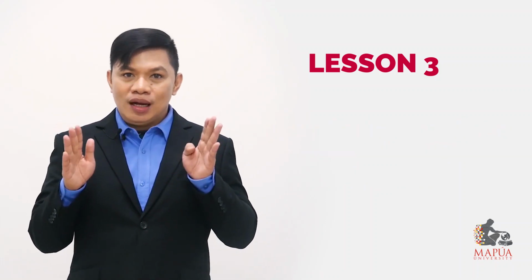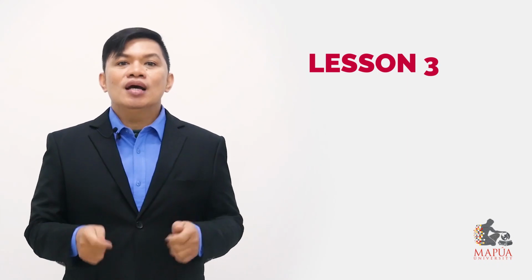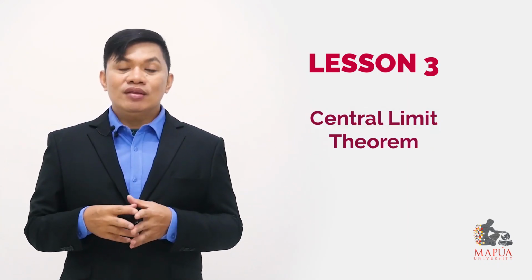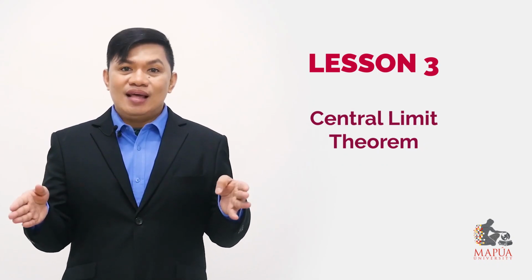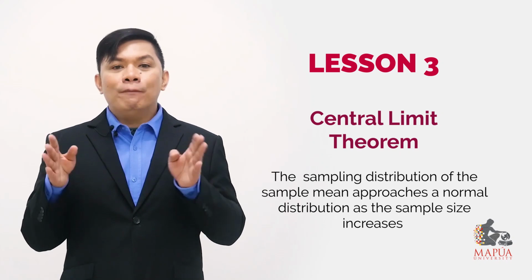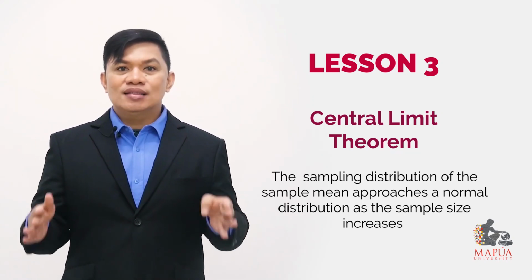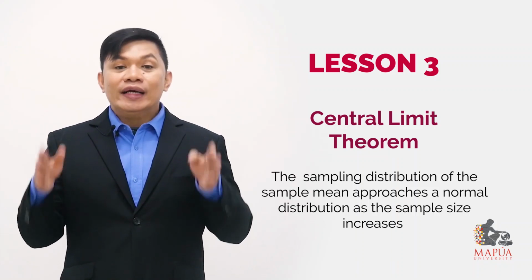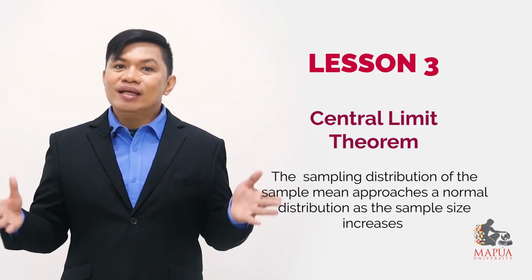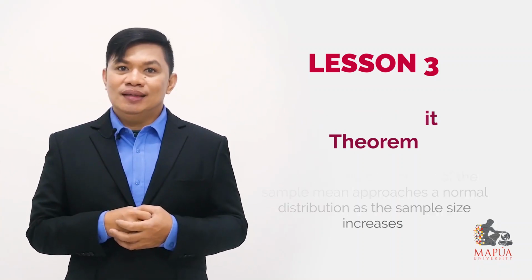And from the expected value and the standard deviation, we were able to affirm what we call the central limit theorem, which guarantees that the sampling distribution of the sample mean approaches a normal distribution as the sample size increases, regardless of whether or not the parent population is normally distributed.